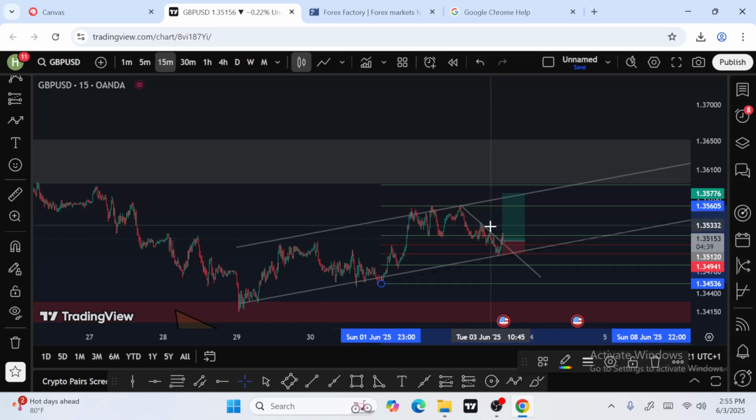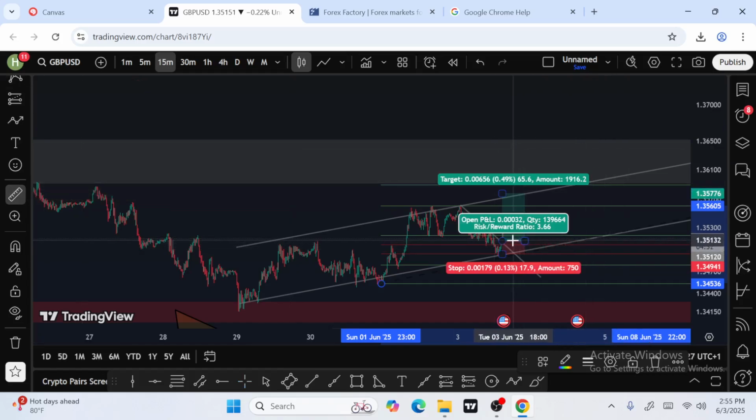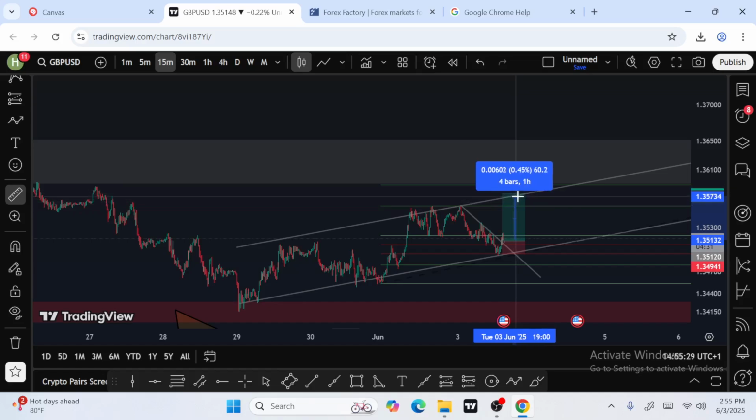0.01 lot size. So let's see this. See this ruler. Let's see this measurement. From here to this upper part. Boom. How many pips? 60 pips. Or let's say 65 pips. Let's say 60 pips. So 60 pips with 0.01.